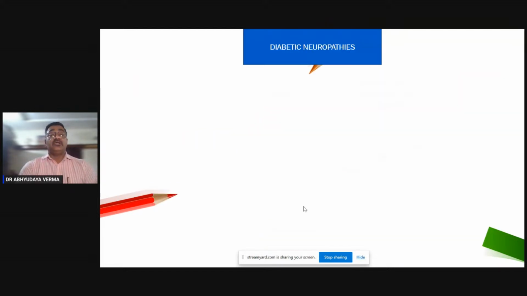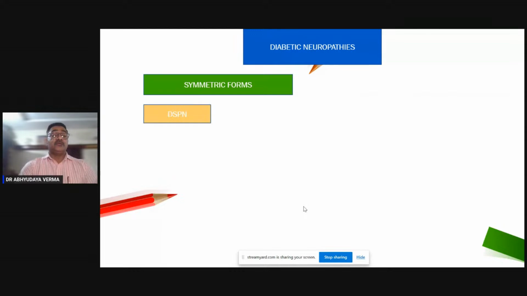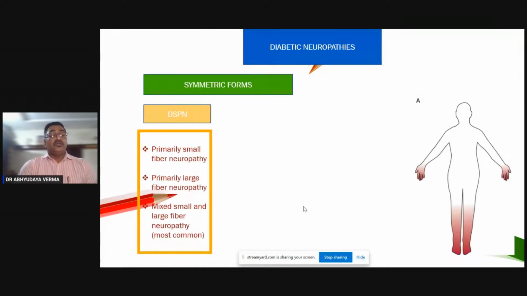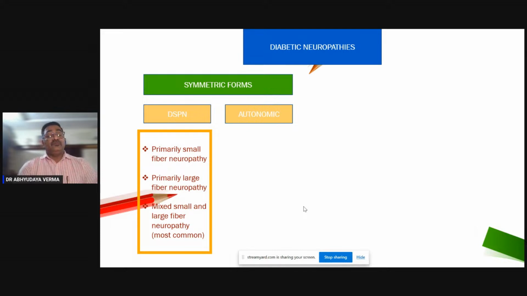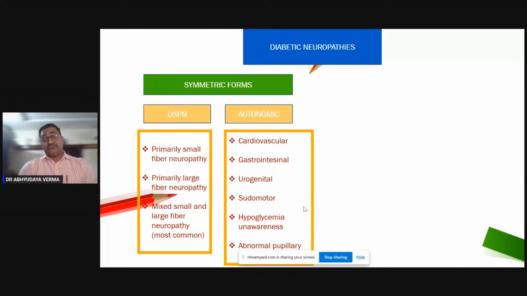And we have different diabetic neuropathies. We have symmetric forms and we have focal and multifocal forms also. Symmetric are diabetic small fiber neuropathy and large fiber neuropathy. Then we have mixed also. Then we have autonomic neuropathy, where they involve the cardiovascular, gastrointestinal, urogenital, pseudomotor, hypoglycemia awareness, and abnormal pupillary response.